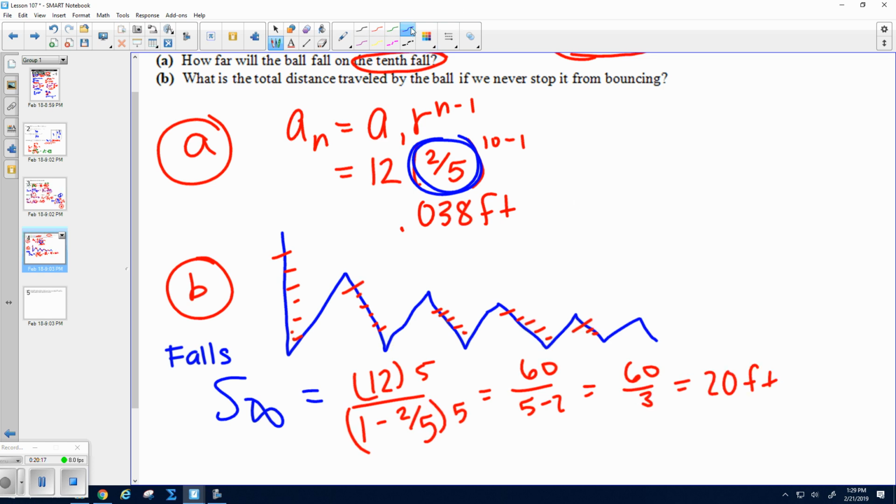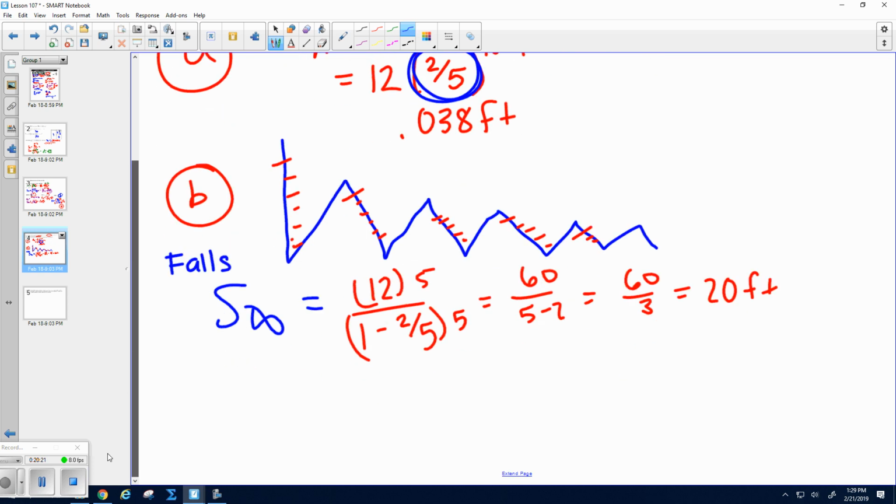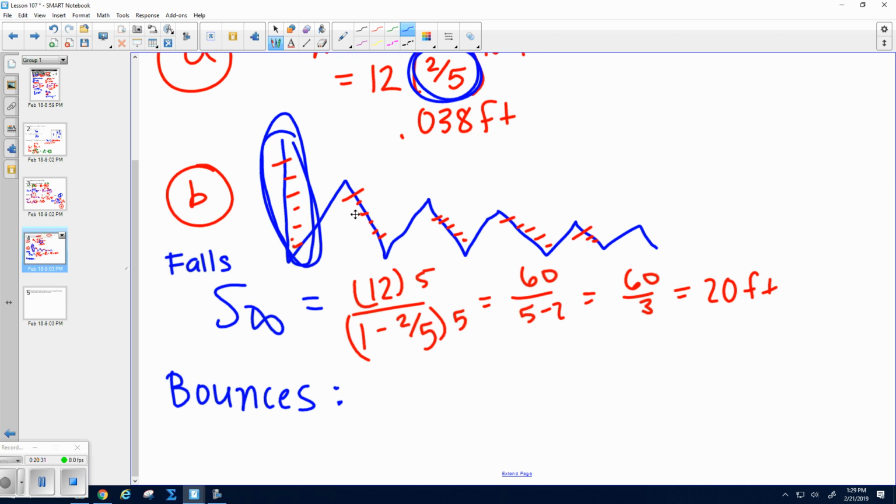Now the book would have you do a whole other one for the bounces, but there is a much easier way to do the bounces. Instead of doing another formula, do you guys agree that this first rebound or first bounce is equal to the second fall, right? So that means that all these bounces are the same as the falls, except for the very first fall.